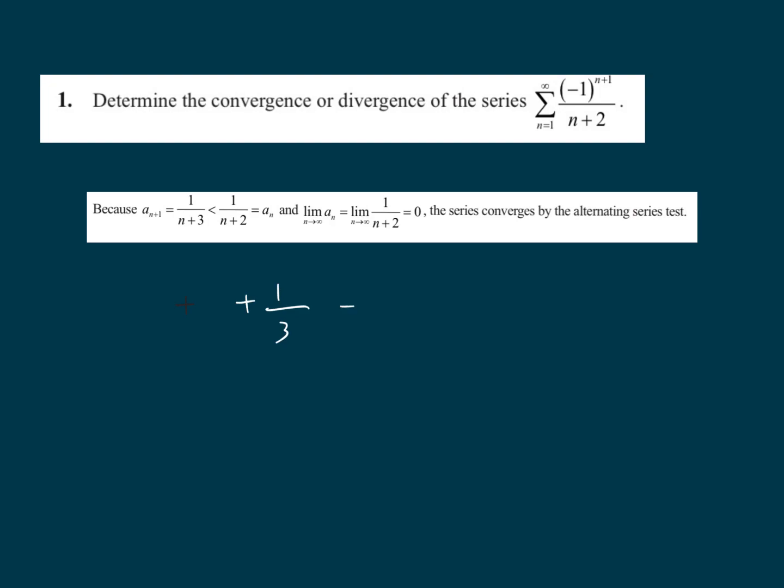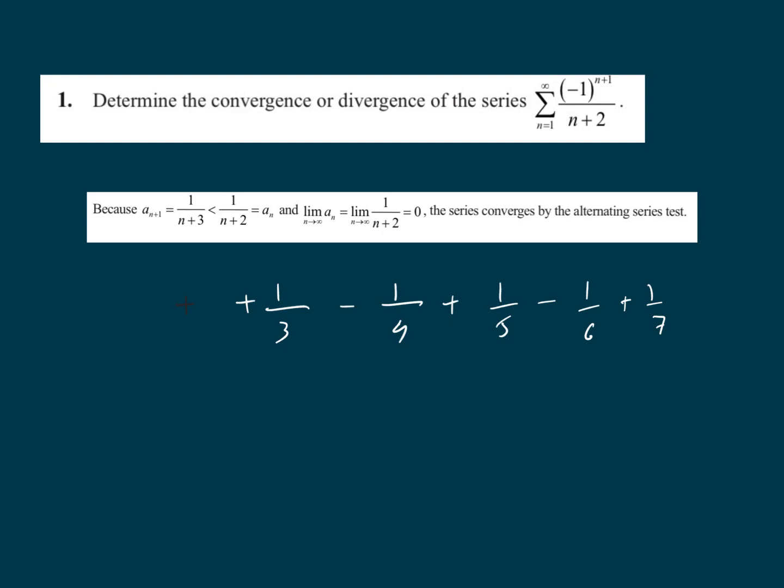When n equals 2, the sign would be negative: minus 1 to the third power is minus 1, divided by 2 plus 1, which is 3. When n equals 3, plus 1 over 4, minus 1 over 5, plus 1 over 6, minus 1 over 7.